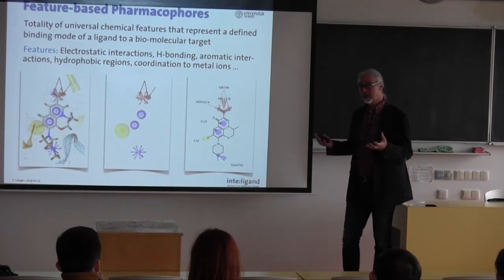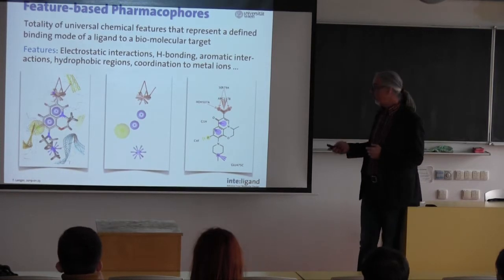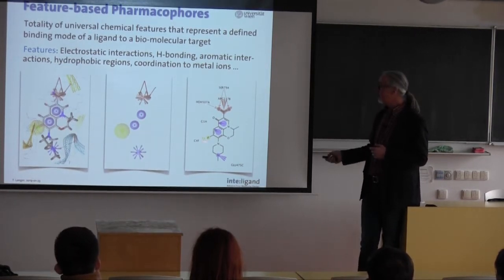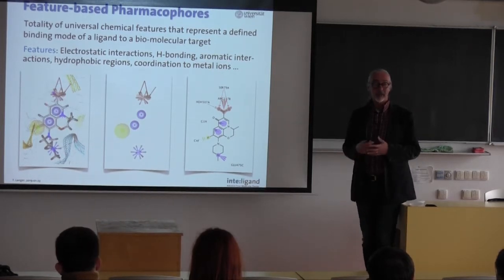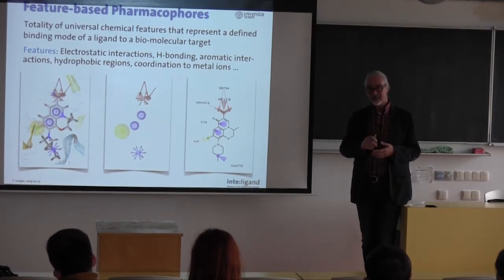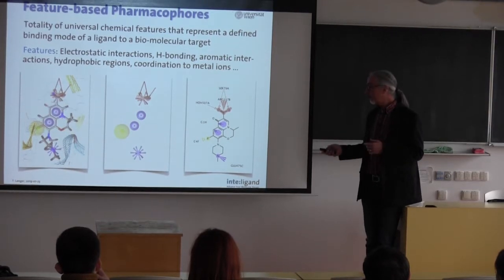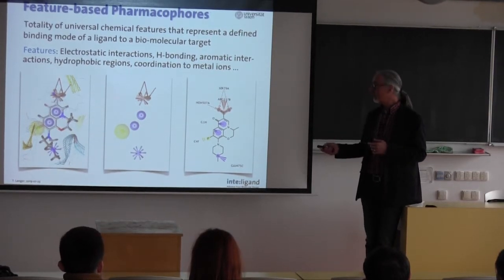When people look at the same thing from different angles, you will very often see that chemists love this kind of representation, while modelers love that kind of representation, and biologists don't take any notice of structures anyway. They just know the name of the compound and the activity, and they don't care about it. But it's important that at least chemists can interact with modelers.